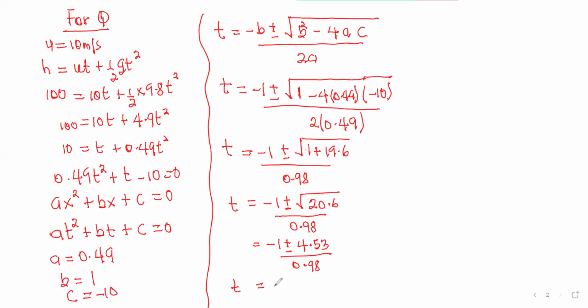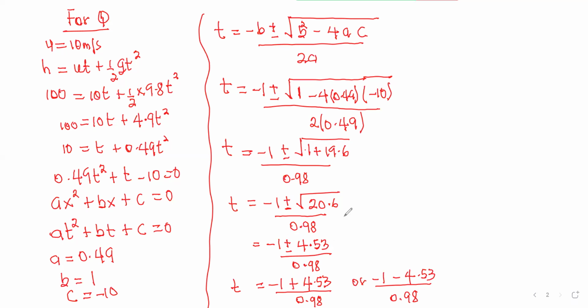So ideally the value of t should be -1 plus 4.53 divided by 0.98, or -1 minus 4.53 divided by 0.98, because it is plus or minus.